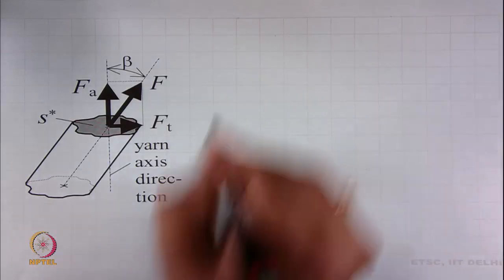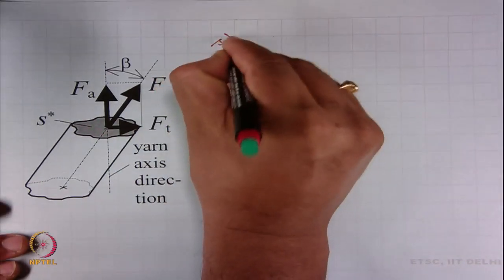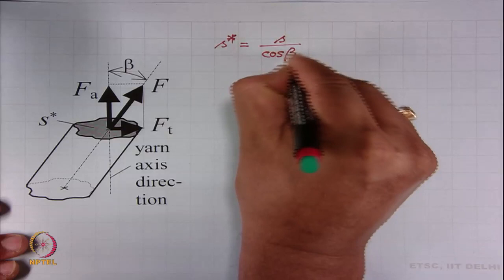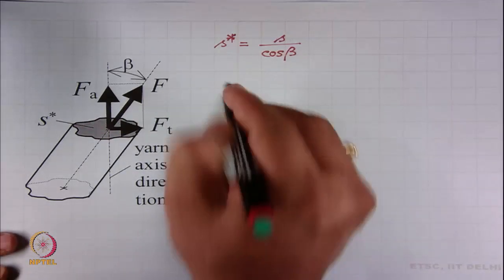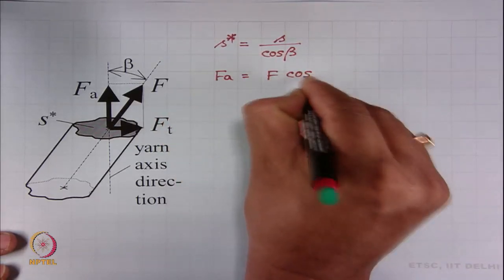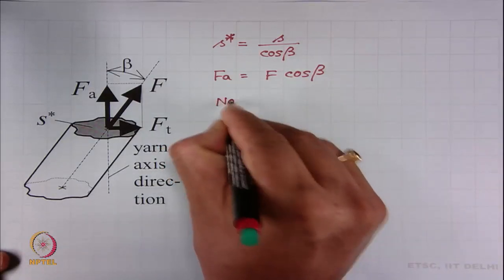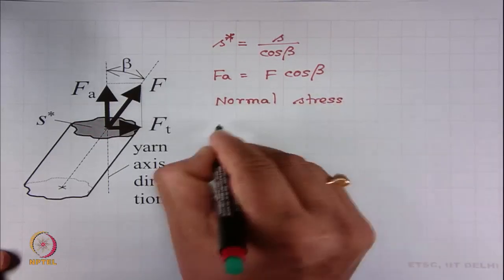Now, what is the relation between this S star and S? S star is S by cos beta. This we have already derived in module 2. And what is the relation between F A and F? F A is F times cos beta. So, what is the normal stress acting on the fiber?